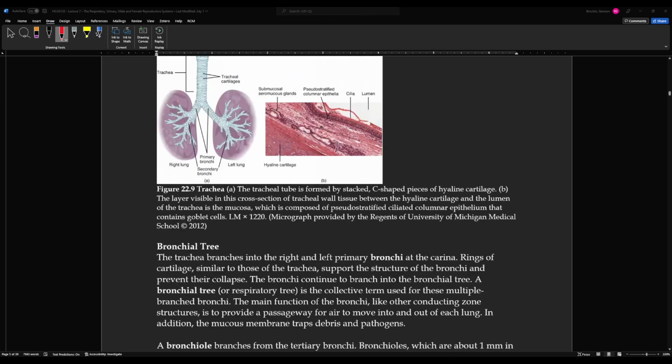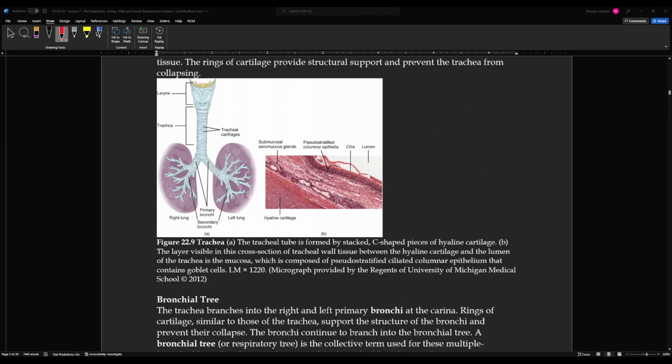So as we get into the bottom of the trachea, it's not labeled here, but this space right here where it splits into the primary bronchi is called the carina. The carina splits. We have primary bronchi, and then after that secondary bronchi, which every lobe of each lung will have, whereas each lung only has one primary bronchus each.